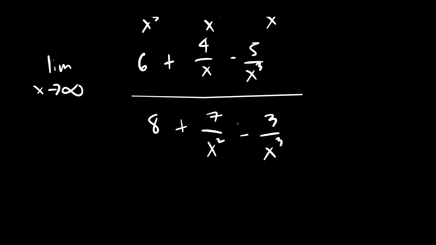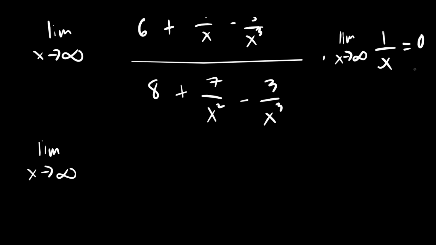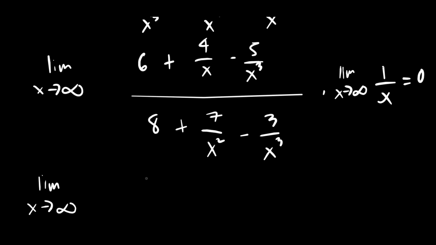So after this one, we will now apply the limit as x approaches infinity. 1 over x is just equal to 0. So after this one, we will have 6 plus 0 minus 0.